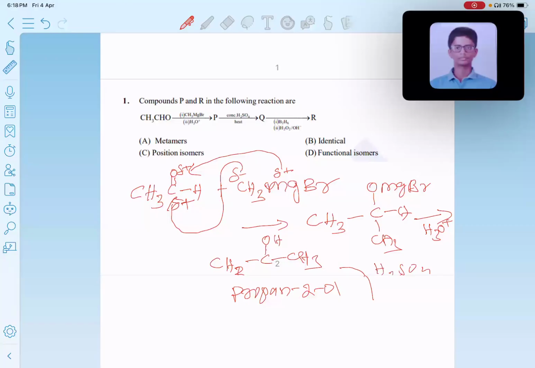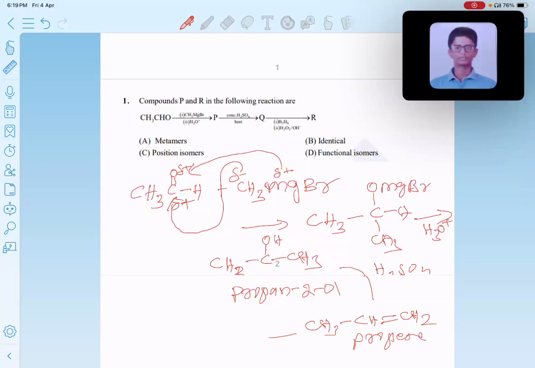It undergoes a dehydration reaction to give the product CH3 CH=CH2. So propene is the next product. Here the product Q is propene.